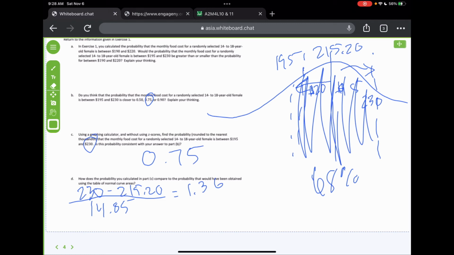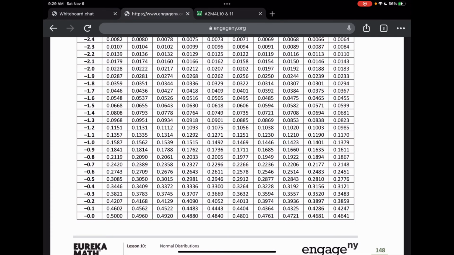Now, if I do 190 minus 215.2 over 14.85, that gives me a z-score of -1. Okay, so that's a -1. So now let's go find the z-score's probability. 1.36.